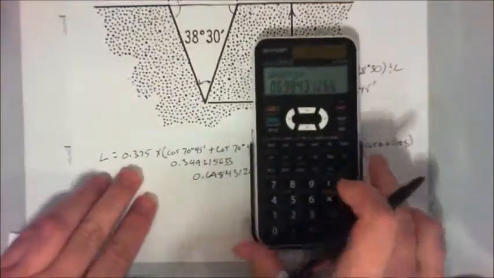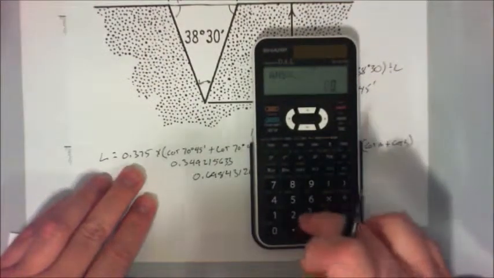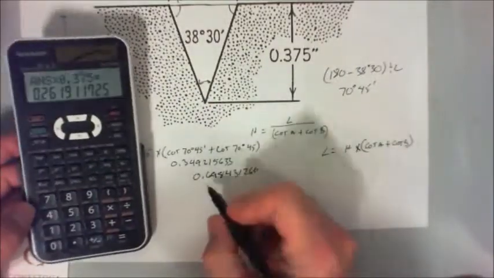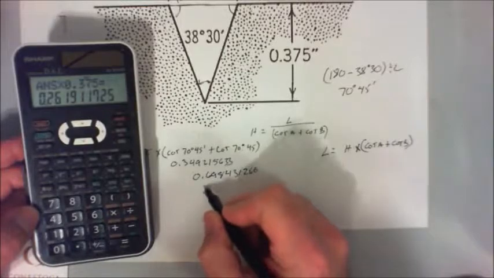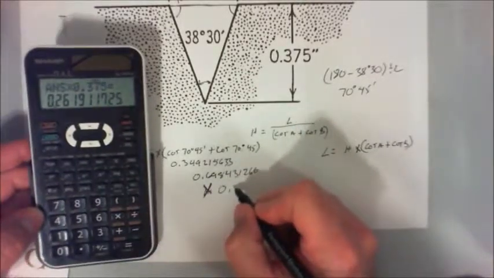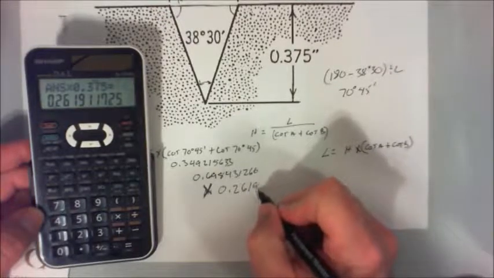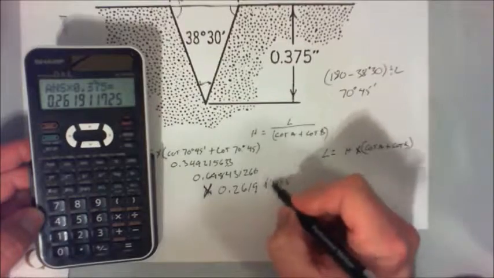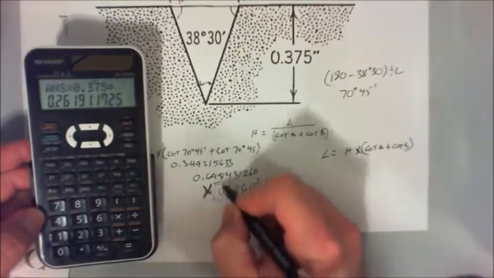Then I'm going to times it by 0.375 equals. That number looks familiar, right? X, which is actually H, equals 0.261911725.